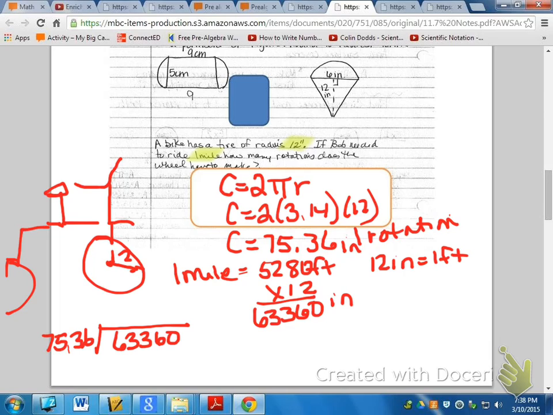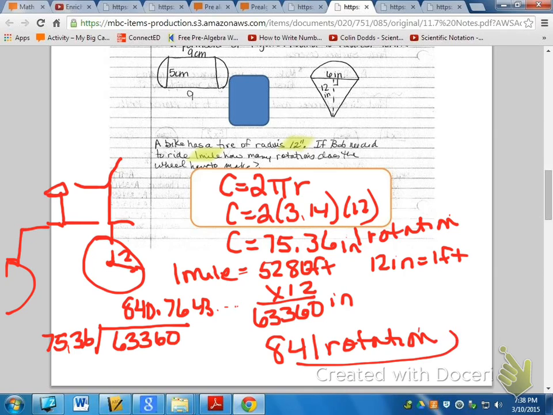All right, a really long number, 840.67643, and so on. How many rotations does that poor bicycle have to go? I'm going to say it has to go 841 rotations. We're just going to say a full rotation to get that guy done. 841 rotations to get him down 1 mile.